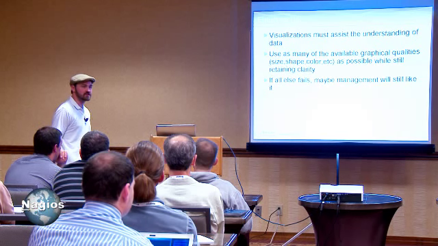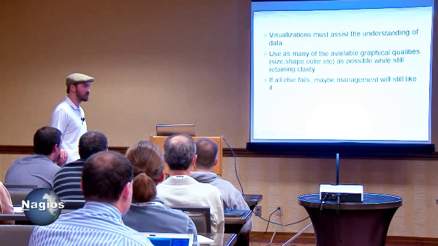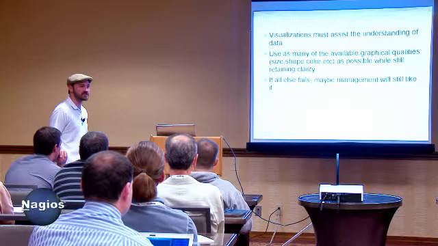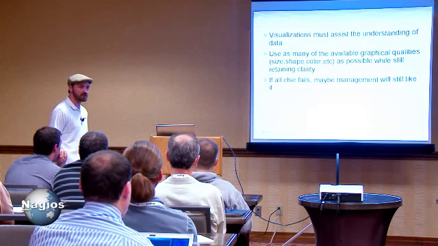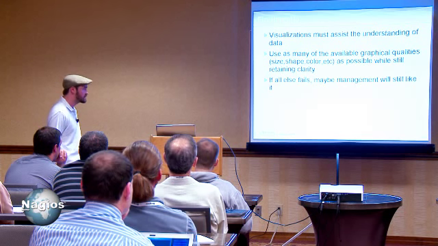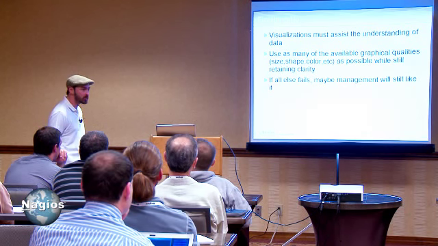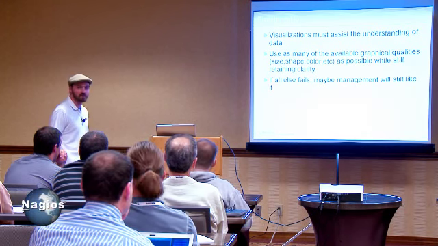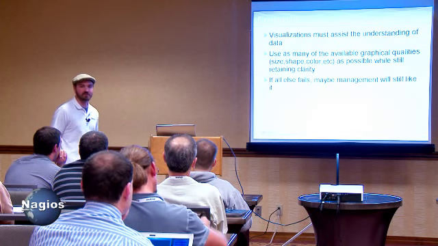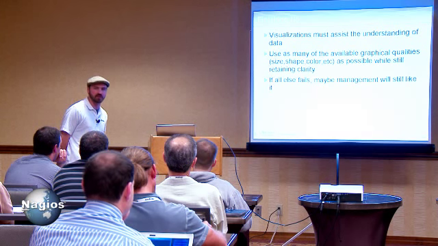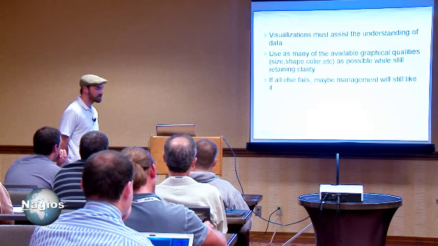If you can use these to display a metric and replace text in a visualization, it's probably worth doing, as long as it's clear what the colors, shapes, sizes or distances mean. That allows, again, for the visual cortex to pick up the processing overhead. If all else fails, maybe management will still like it, and they probably want it on their dashboard. That's about it.